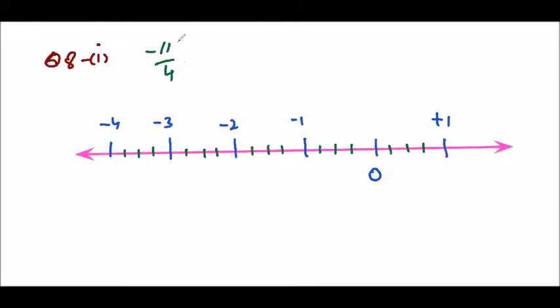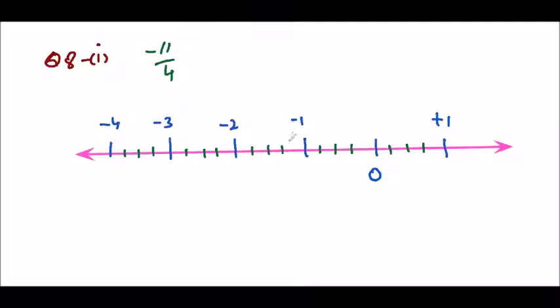Now we know that we have 11 small parts. Two things remember. One, divide each larger part into smaller 4 parts because here we are dividing into 4. And we need 11 out of these smaller parts.